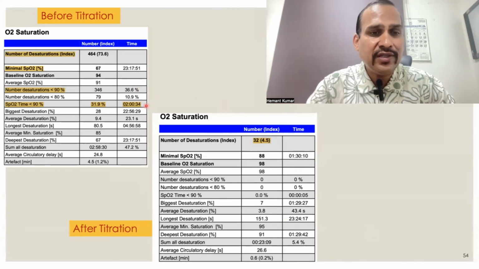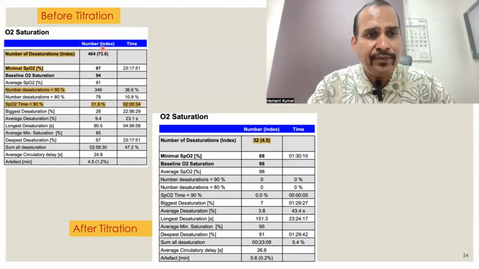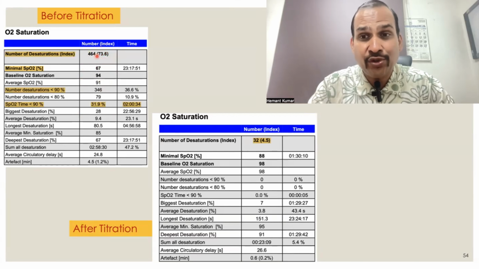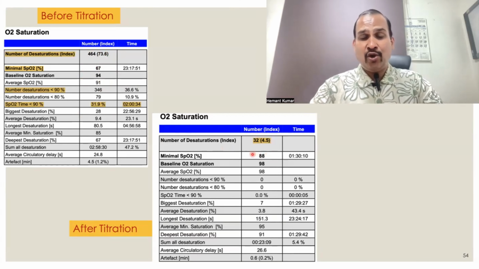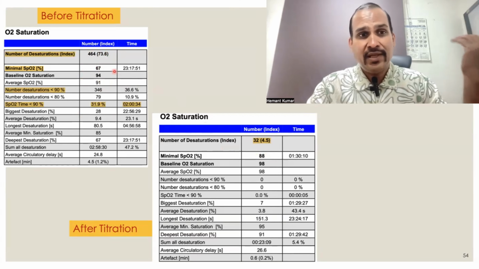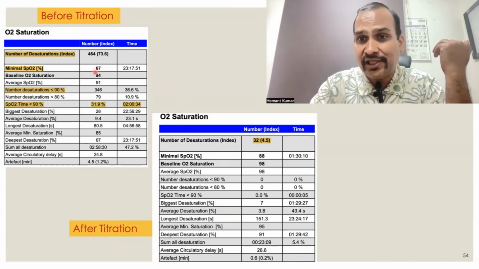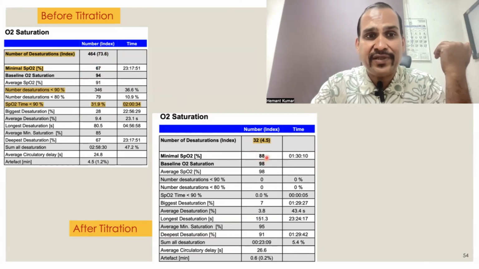Before CPAP, the desaturation index was 73, but with CPAP it is just 4.5, around a 90% reduction, which means oxygen is improved a lot. Previously the minimum went down to 67%, now it is 88%.